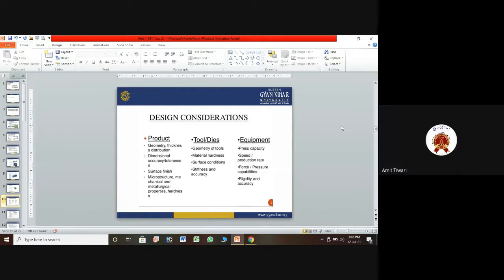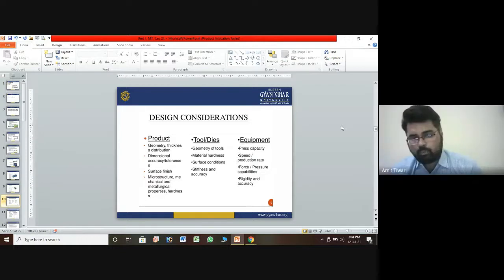So first of all, you have to identify which type of technique will be used. Then rigidity and accuracy: rigidity is required along with good accuracy. Accuracy is needed because if you want to make this component by hydroforming, there must be no leakage, and you have to prevent that.